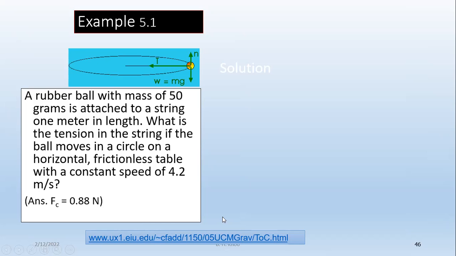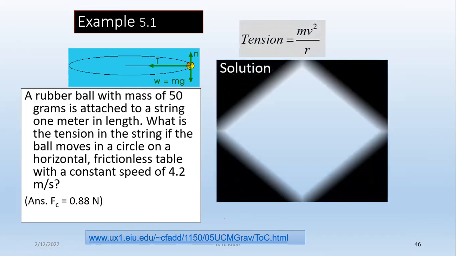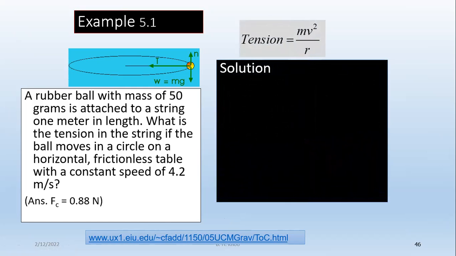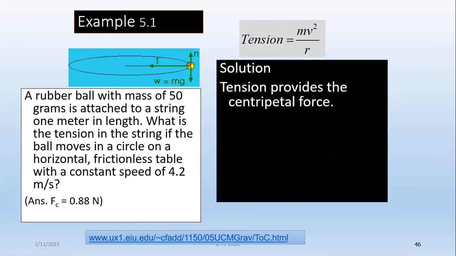Just using the formula to calculate. You can get the answer. That's the formula to use. And put your value into the formula, that's all. Right? Tension provides the centripetal force. Remember to change to SI unit.